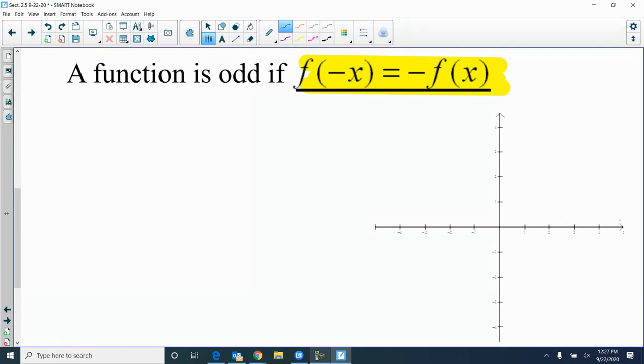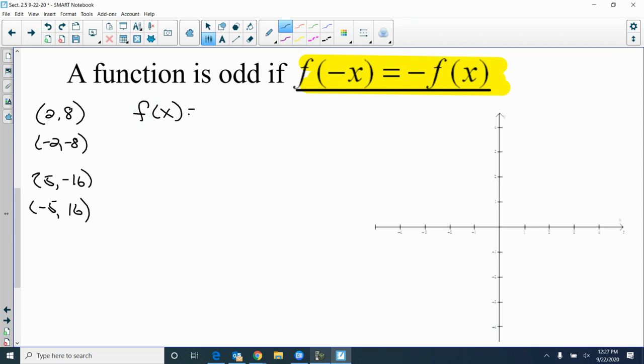All right, what does that mean with ordered pairs? Well, with ordered pairs, if I plug in 2 and I get back 8, what would be true? If I plug in -2, what answer would I have to get back? -8. If I plug in 5 and I get back -16, what happens when I plug in -5? I get back +16. Okay.